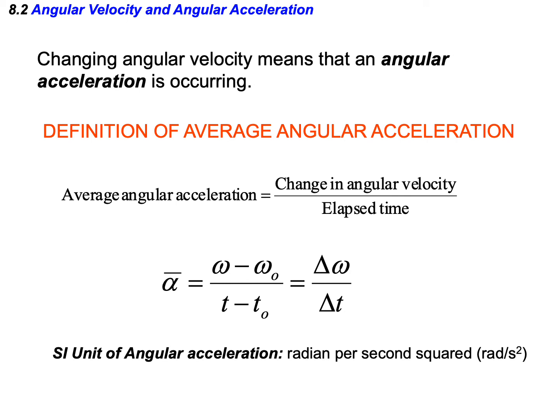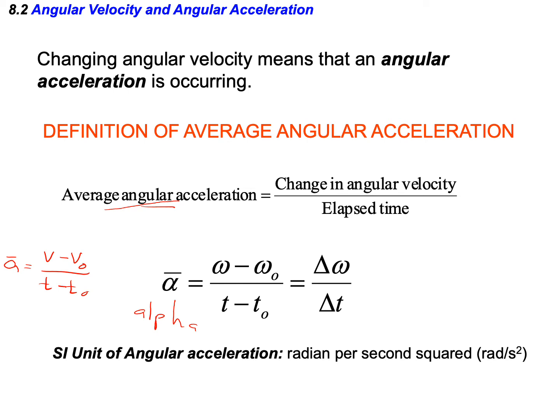The next topic is angular acceleration. So we already learned acceleration is velocity change, final velocity minus initial velocity, t minus t naught. So velocity change over time change. So here we use alpha for angular acceleration.